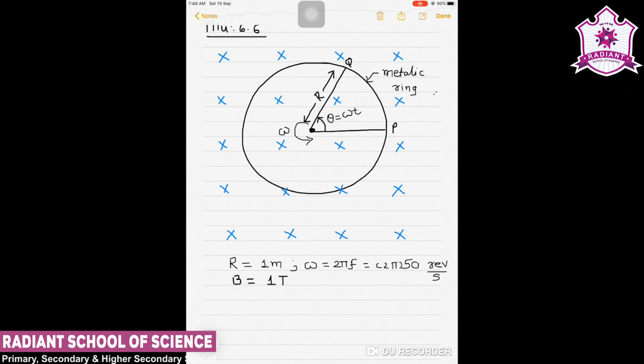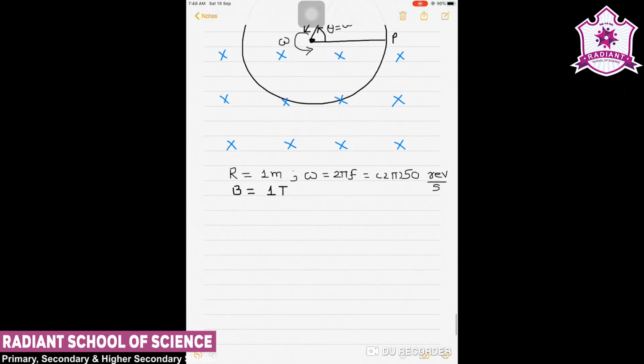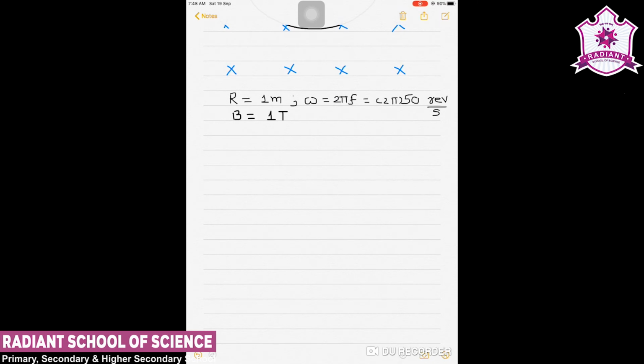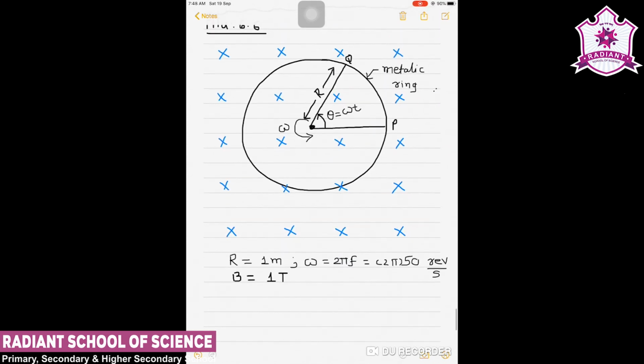First of all, we will consider that as the rod is rotated, free electrons in the rod move towards the outer end due to Lorentz force and get distributed over the ring. Thus, the resulting separation of charges produces an EMF across the ends of the rod.